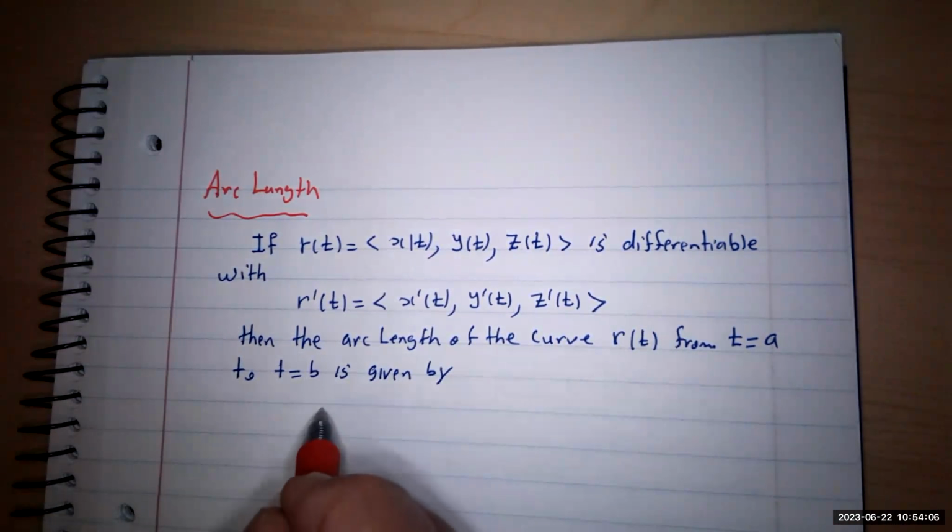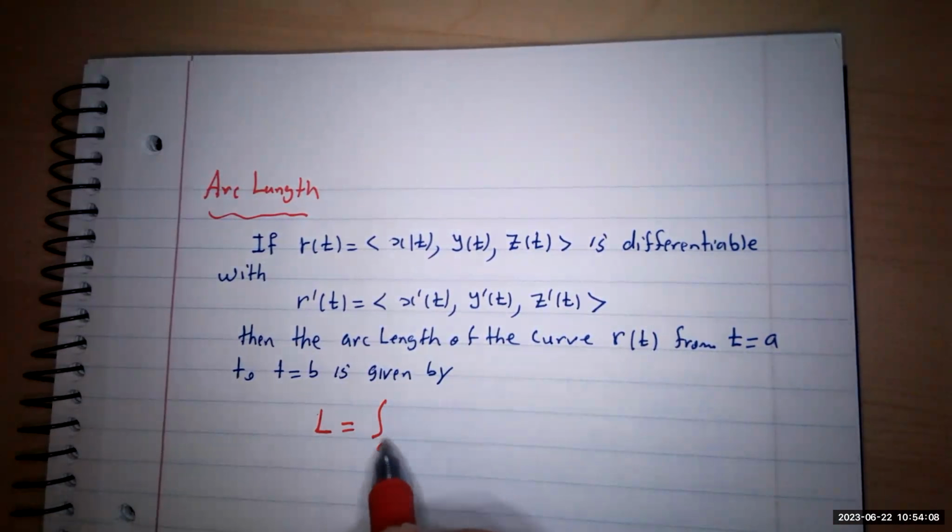That's it. The arc length is going to be the integral from a to b.